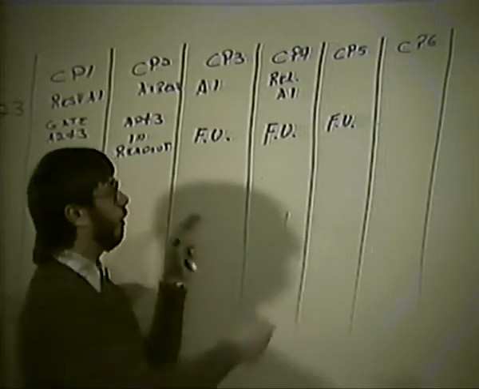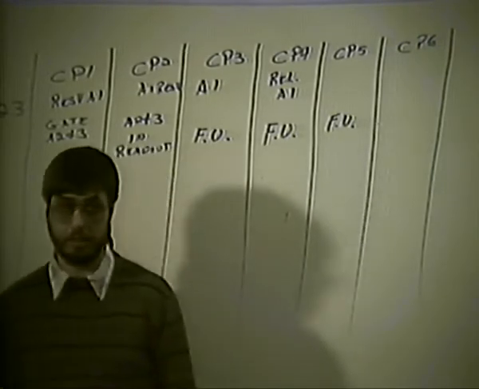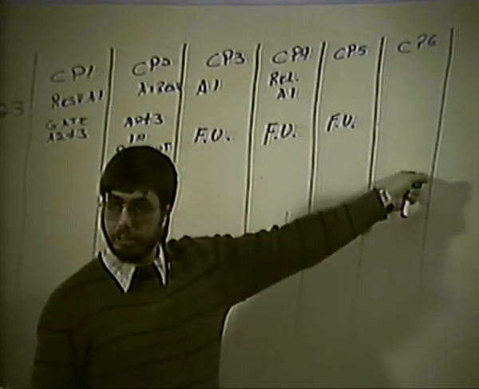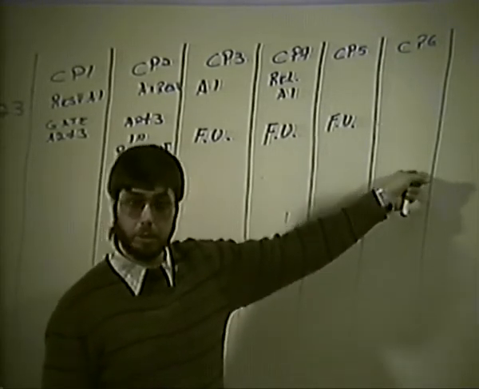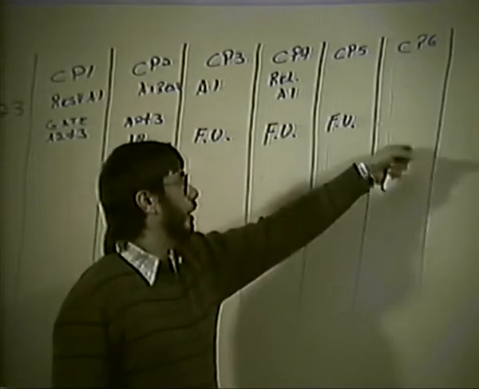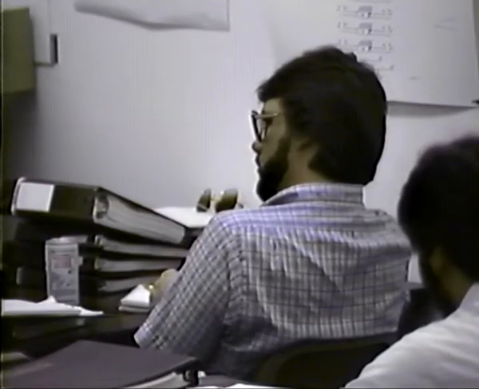What do we care about? We want to know how long that is so we can figure out this instruction in this case. If you were working on a machine and you were dropping or picking a bit in this multiply, what do you want to know? You want to know when is the data going to be here in the result register so I can look at it with a scope probe and see if it's right or not. And if I know when it's there, then I know I can go back 1 clock period in the multiply here and look and see if I'm doing it right.